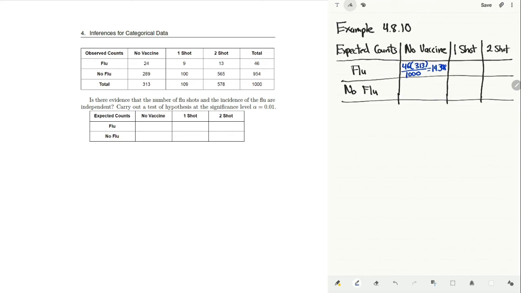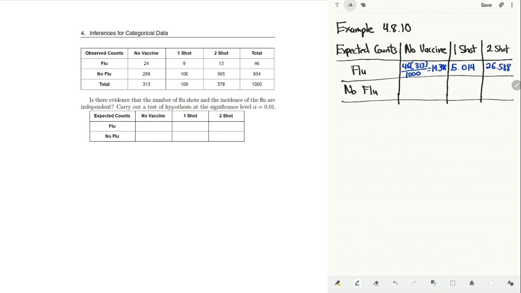And I'll leave it as an exercise for you to check the other expected counts. So for the 1-shot and the flu category, we have an expected count of 5.014. For the 2-shot and flu group, we have 26.588.